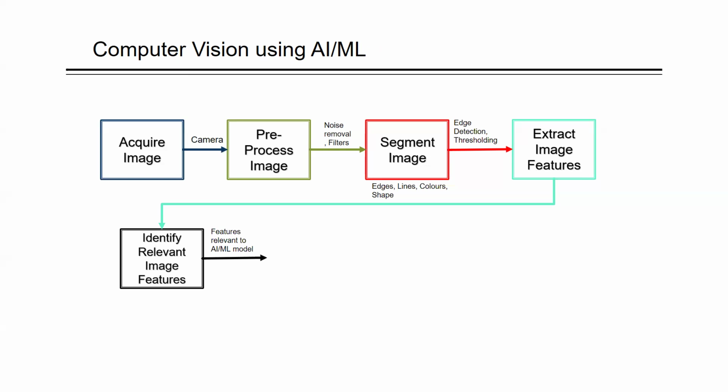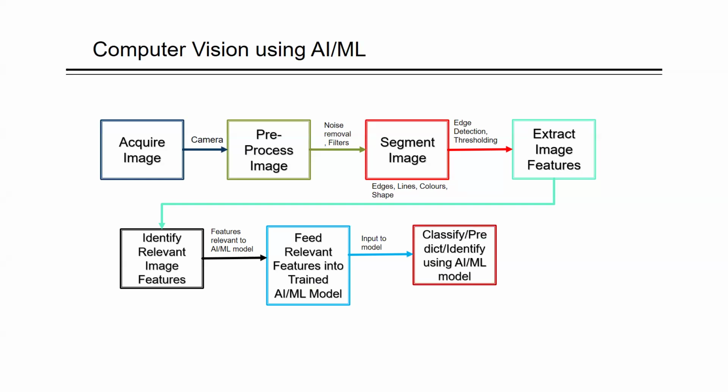In this case, you might need to do some form of dimensionality reduction or just remove basic features, keeping what you would need to identify the image, and you feed them into a trained AI and ML model. It is expected that this AI model must have been trained using similar features from other images, so that it will be capable of recognizing the images and the features of the images.